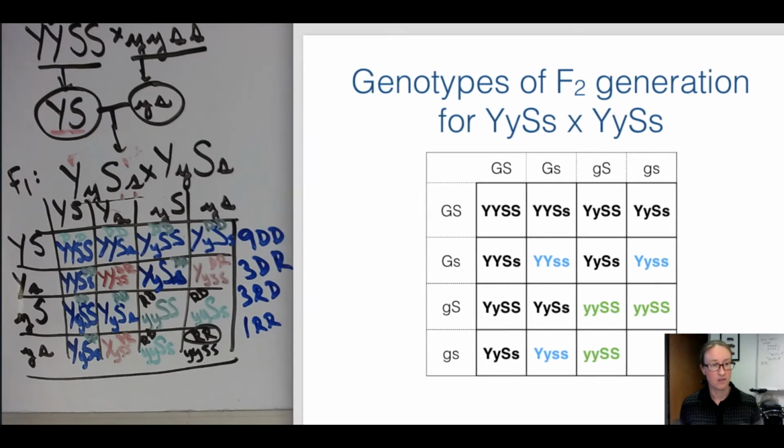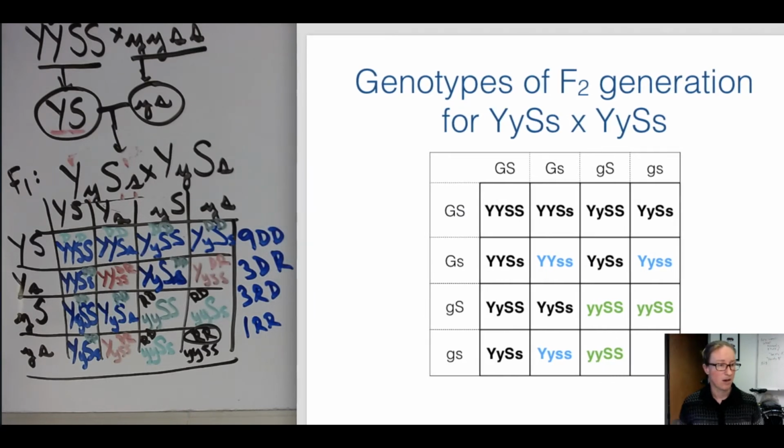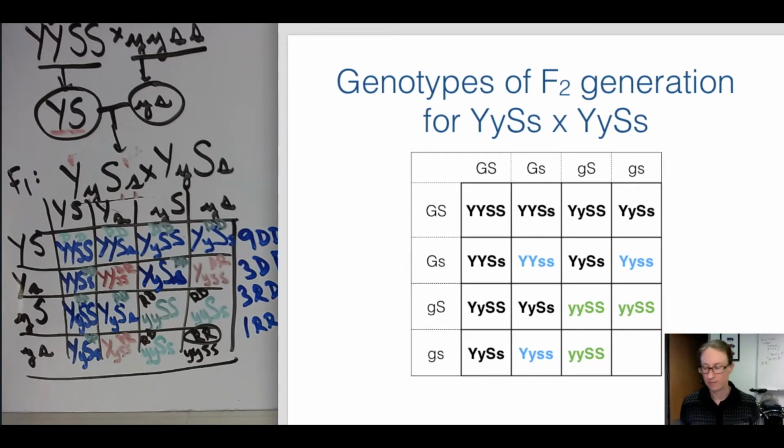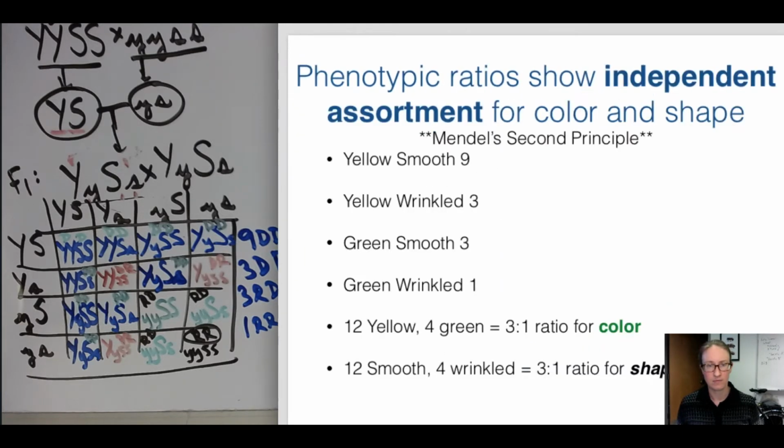Okay, so that is how I go from my genotypes in a Punnett square to that phenotypic ratio for 2 traits.